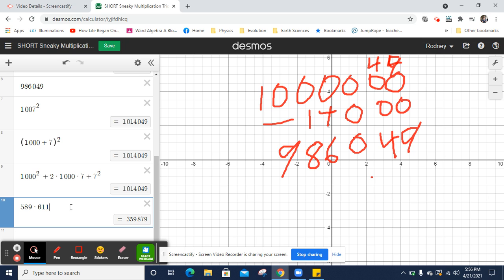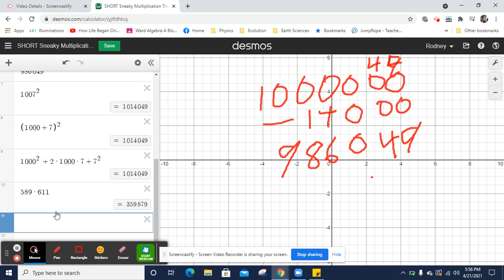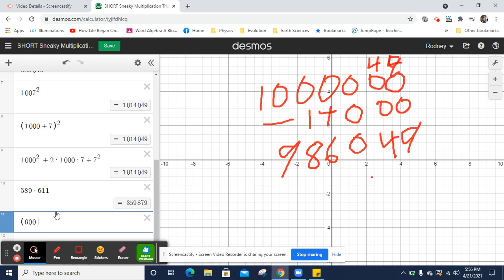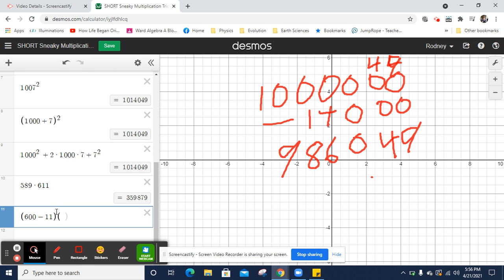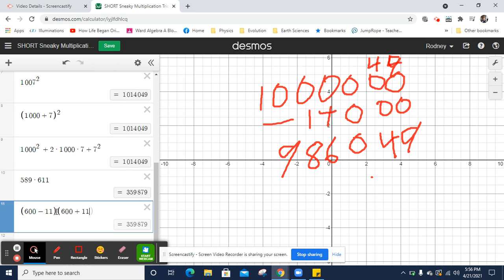Okay, this is going to be a difference of squares, and what I'm looking for is some number that I could subtract and add the same thing to. And so 589 and 611 are both 11 away from 600. So I can just treat this as 600 minus 11, which is 589, and 600 plus 11.